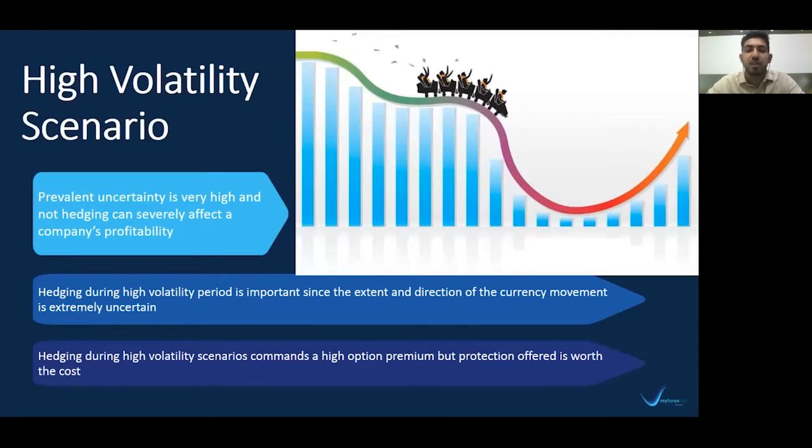The option seller wants to be compensated well, which is why the option buyer also agrees to pay a higher premium, since the protection offered is much higher, since this is already a very volatile time. And hedging is very important during volatile times since the extent of currency movement is fairly high and I do not want to be caught off guard, thereby affecting my profitability.